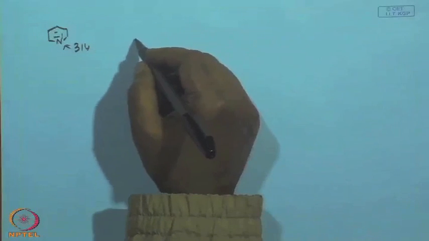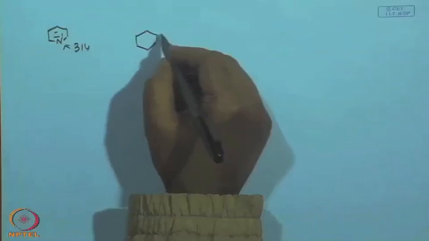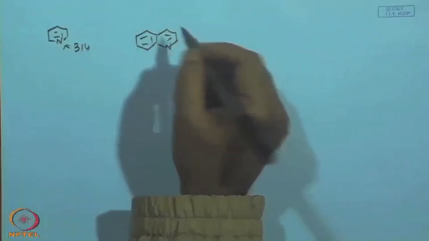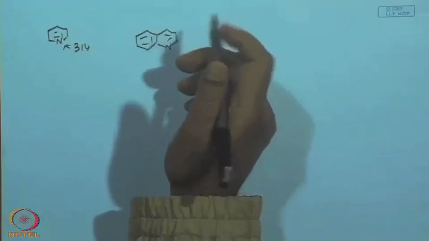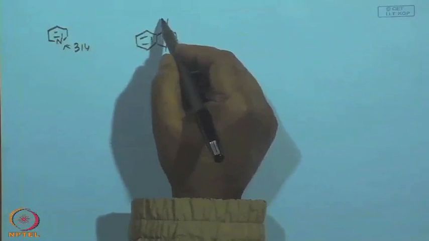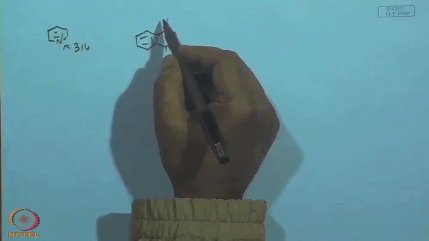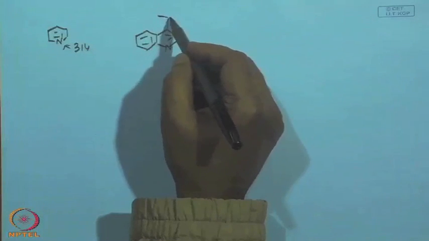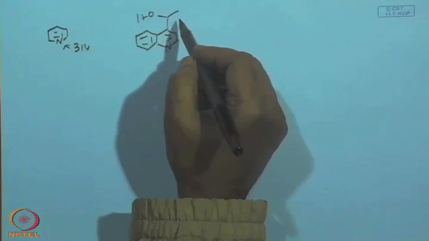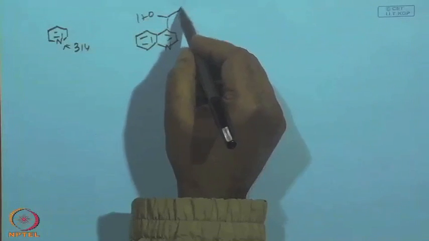For example, quinine is a known compound. All of us can quickly write this structure. How do you write this? 314, right? Quinine will have an OH up here, and then you have an aza bicyclic system, right? Aza bicyclic system.